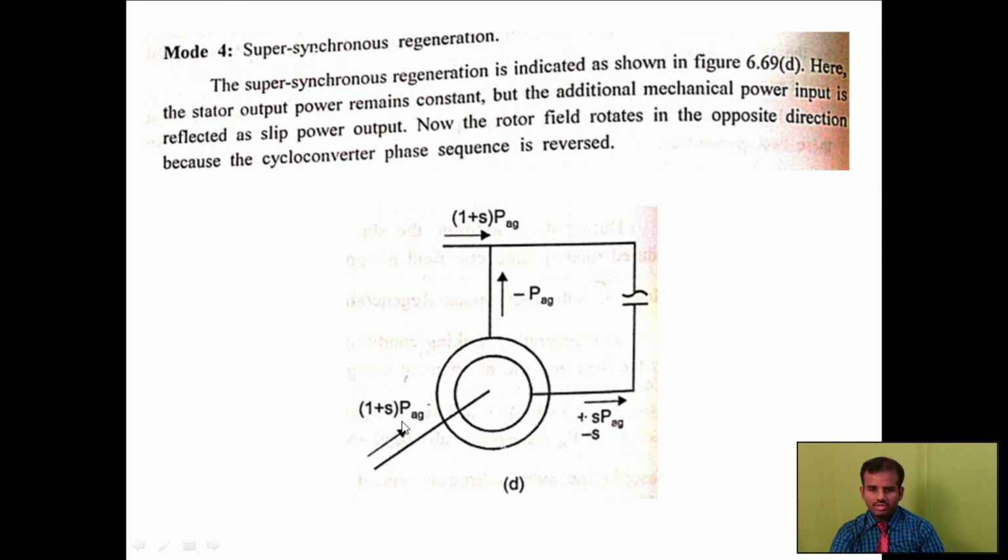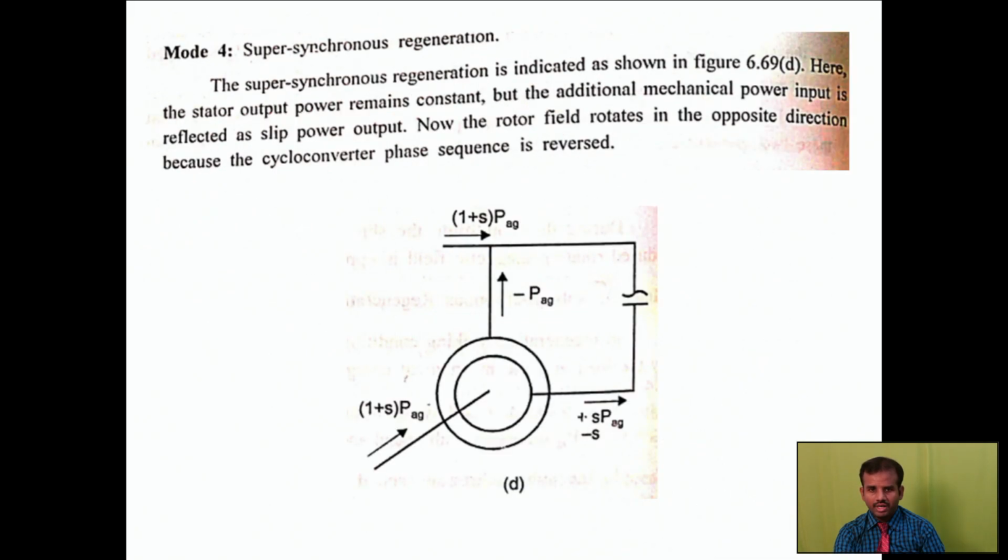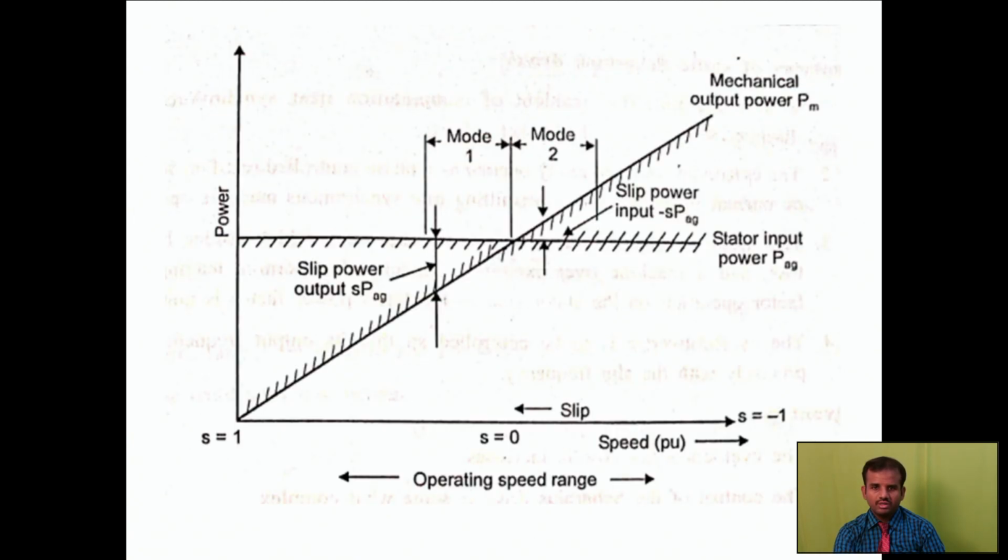Okay, so this is 1 plus s into PAG, but in the previous case it was 1 minus s into PAG, that is, the mechanical power input to the shaft, PM equal to 1 minus s into PAG, increases with the speed, but here it is 1 plus s into PAG in this fourth mode of operation, that is super synchronous regeneration. Okay, so these are the characteristics.